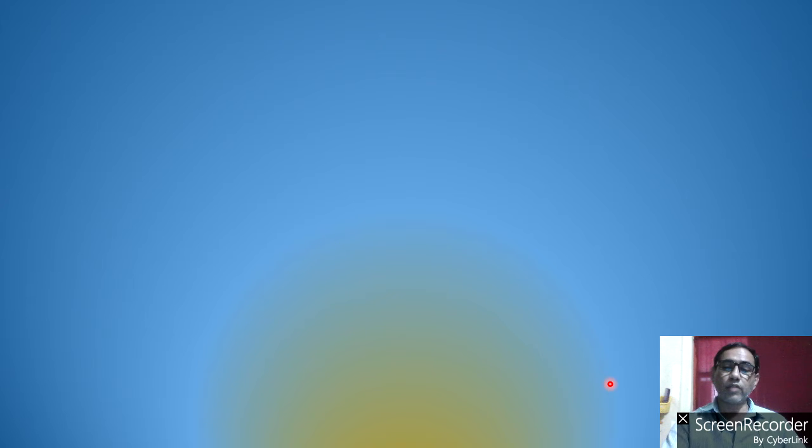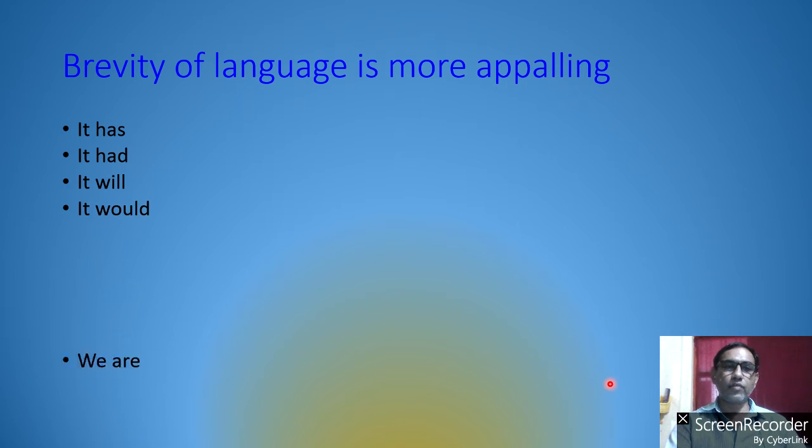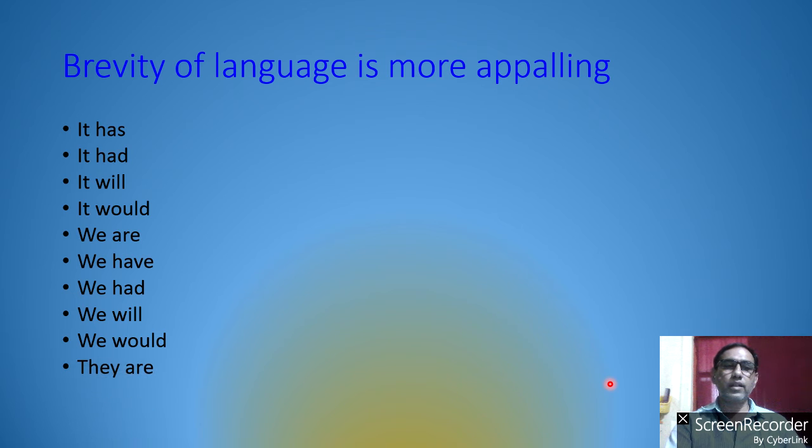Let me give some more examples. Brevity of language is more appealing. If you make your language brief and pronounce it in a brief manner whenever required, then it seems very beautiful. Let me give examples: it has, it had, it will, it would, we are, we have, we had, we will, we would, they are.